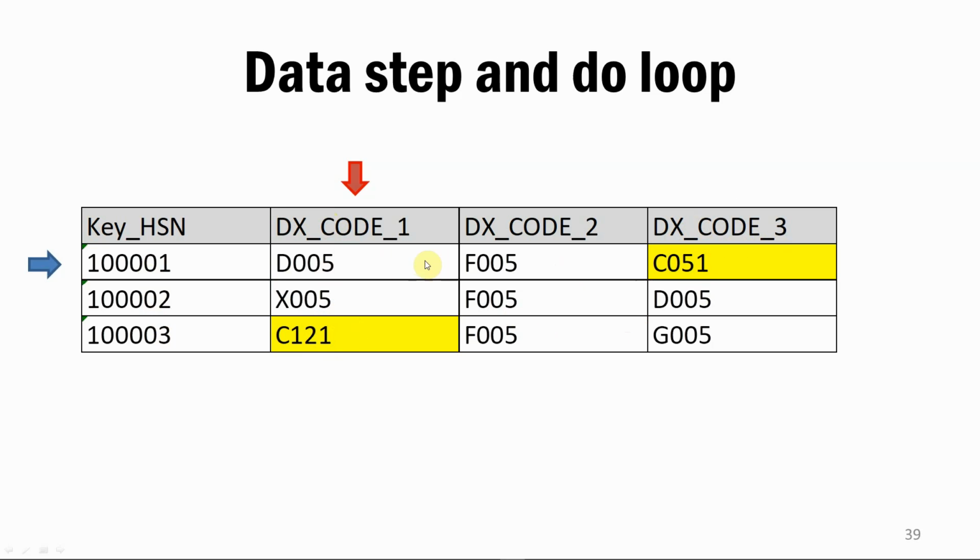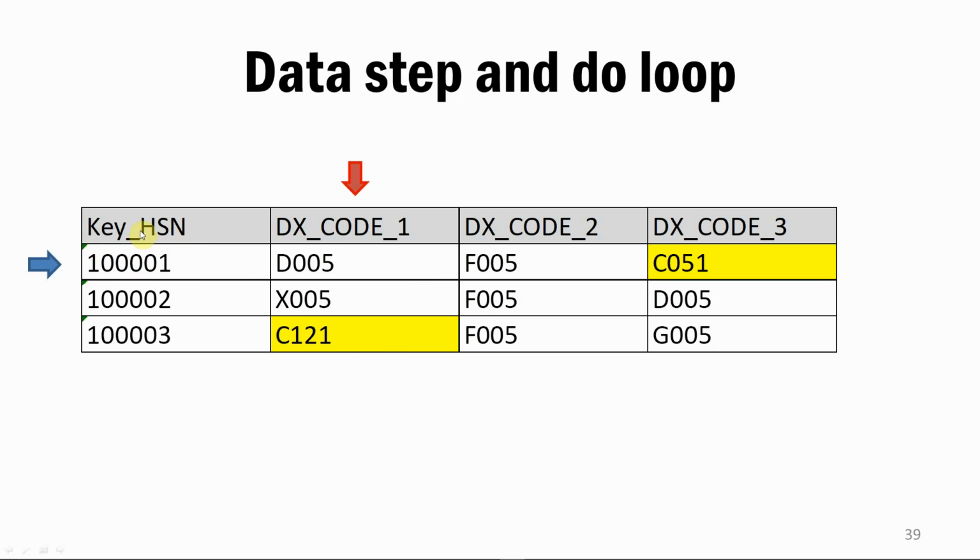So for each of the patients, we want to pick up these cancer-related codes. Of course, we're going to check each field one by one. So now we have to understand two very important concepts about looping or iteration in SAS data steps.